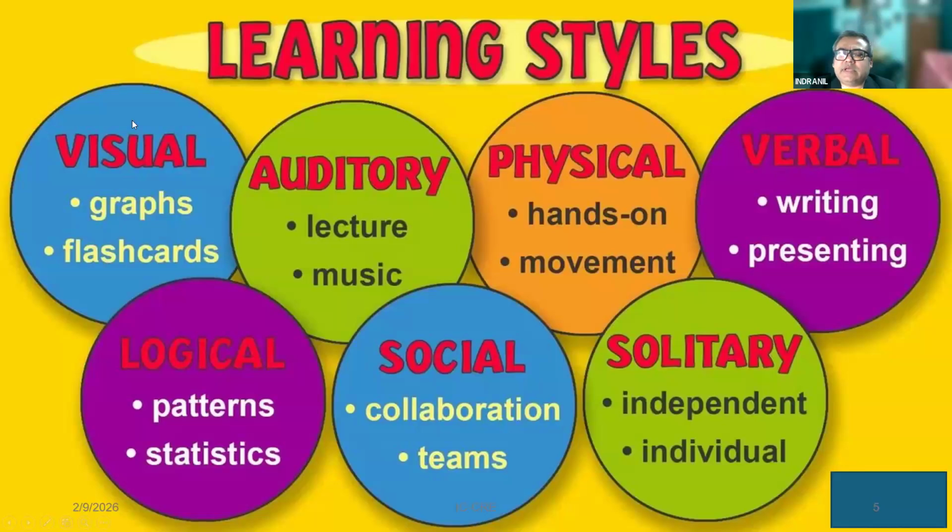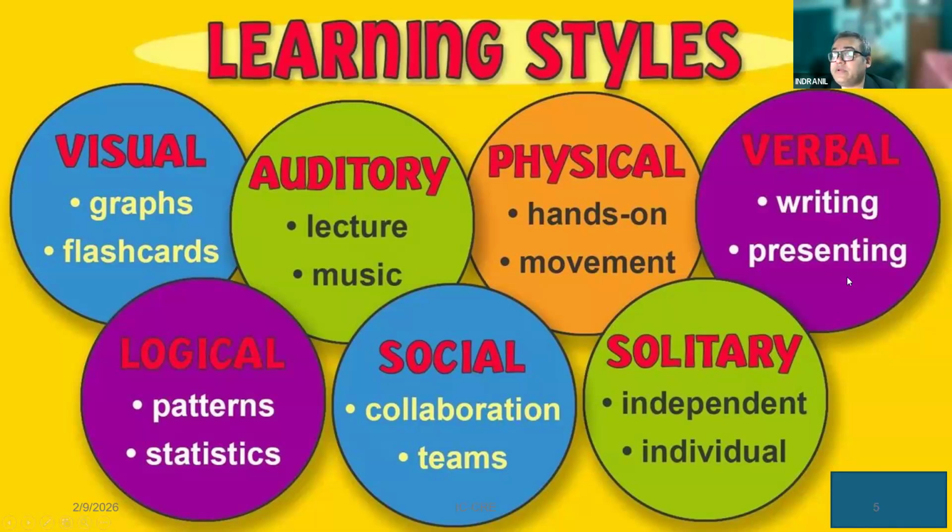So learning style is basically, as we know, visual, in graphic and flashcard modes, where we can provide stimulus. Auditory means lecture or music stimulation. Under physical, there will be hands-on learning. It's direct; we give some in workshops. We are providing hands-on movement sensations and haptic sensations.